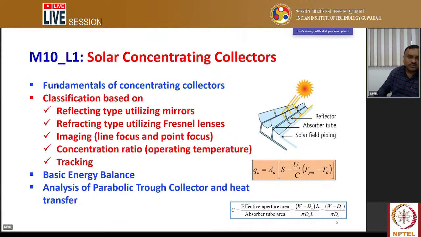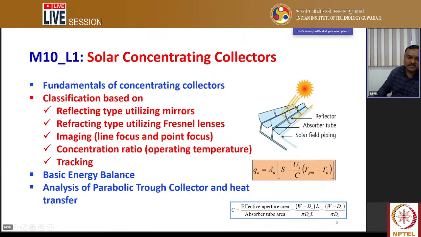The classification can be based on the reflecting type, utilizing mirrors, or the refracting type, utilizing Fresnel lens; imaging, which may be a line focus system or a point focus system; concentration ratio, which relates to operating temperature; and tracking.